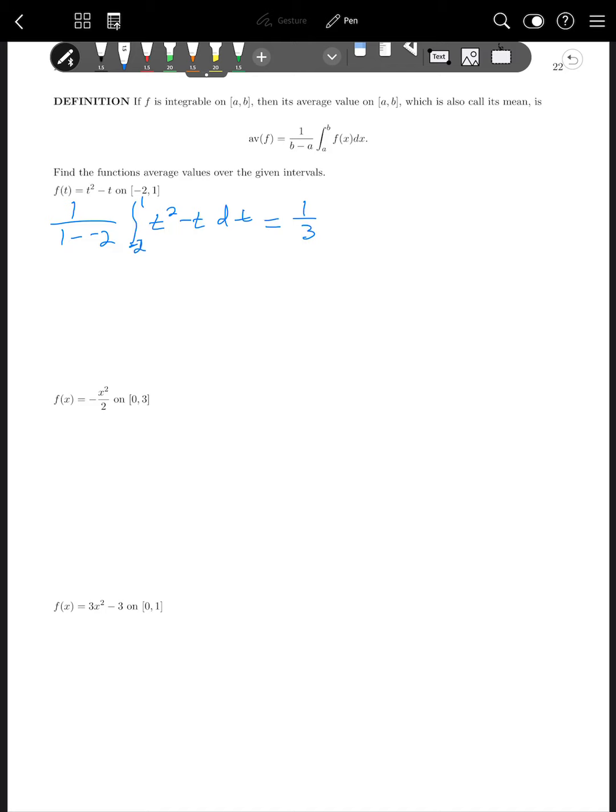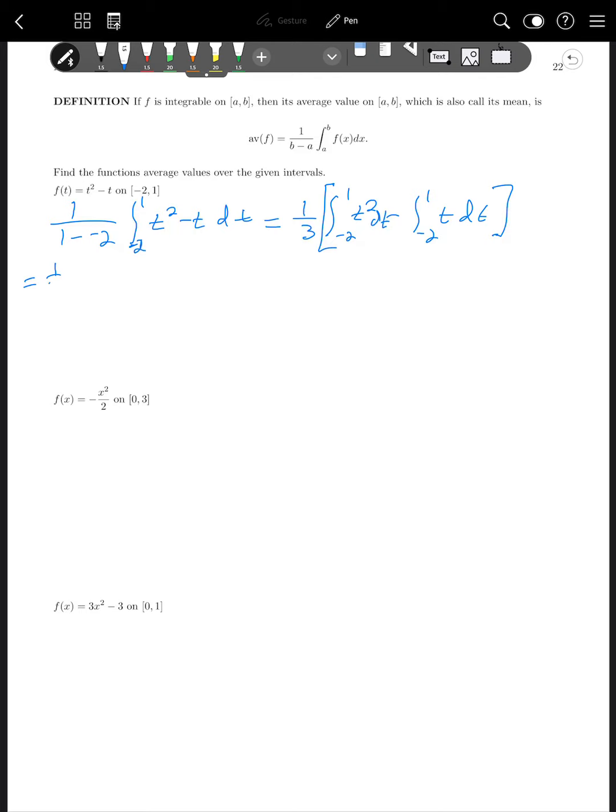times, I break this into two pieces, right? The definite integral from negative 2 to 1 of t squared dt minus the definite integral from negative 2 to 1 of t dt. And then use the rules.